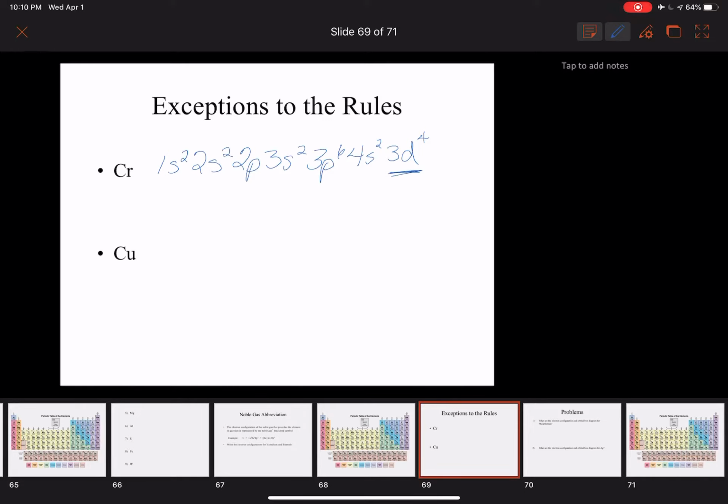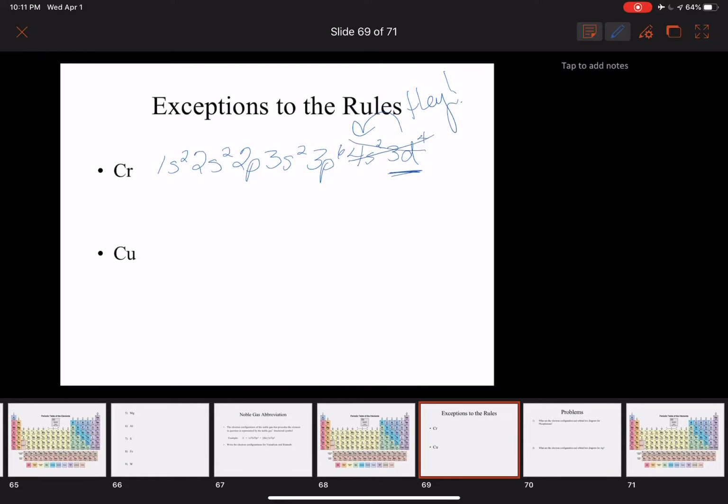So the 3d's say to the 4s, hey, if we could just have one of those electrons back, then we could half fill the d subshell, and that would give our whole atom a whole lot of stability. So the s is like, sure, and it sends one of the electrons over.